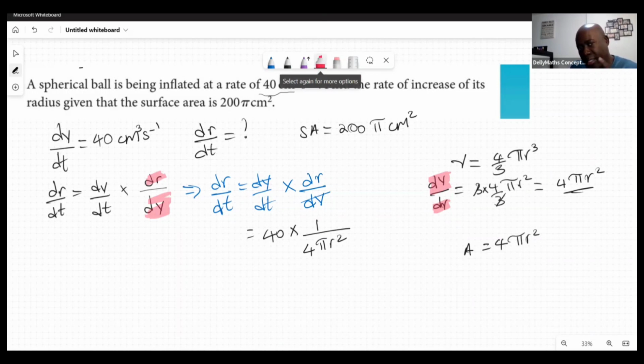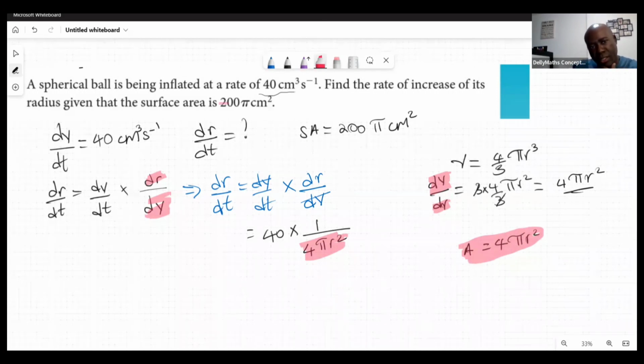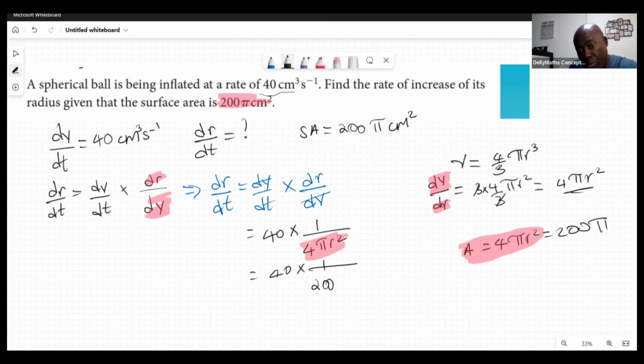But we really want to see the point that we're making. 4 pi r squared is actually the area of the thing. And they did say they want to do it when the area is at a certain number. So now I'm going to put the area as a substitution, because this is actually 200 pi. That's what they say. So I'm going to put 200 pi here, because I want to know what is the result when the area reaches there.